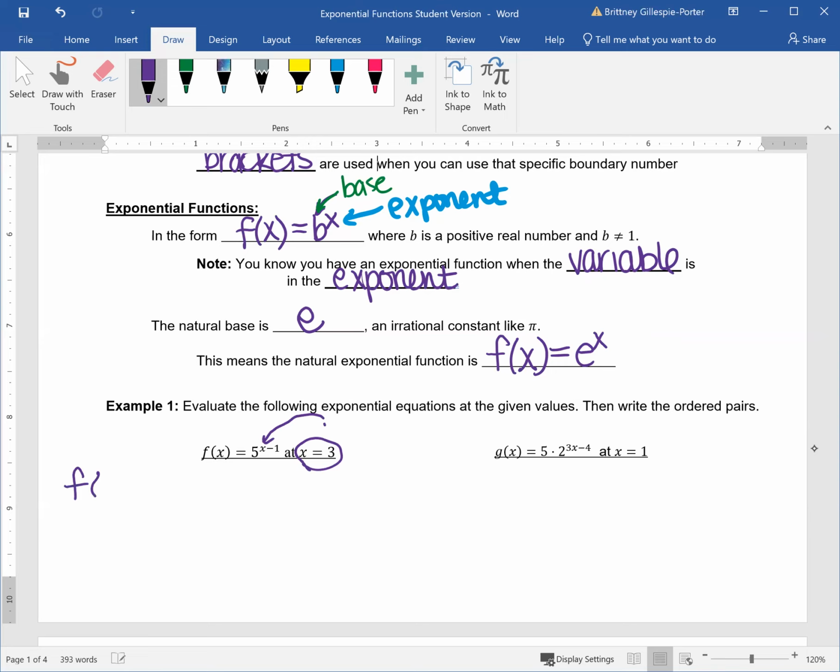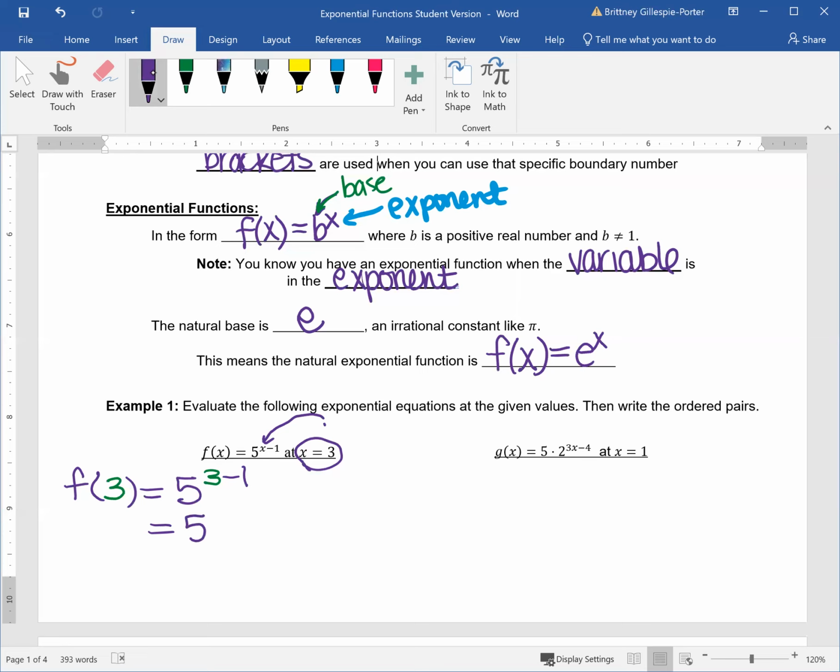So we need to find f of 3, which means in our function, we're going to have 5 to the 3 instead of x minus 1. Start working on the arithmetic.